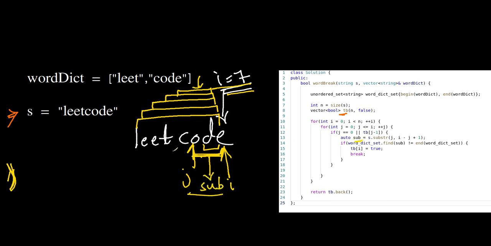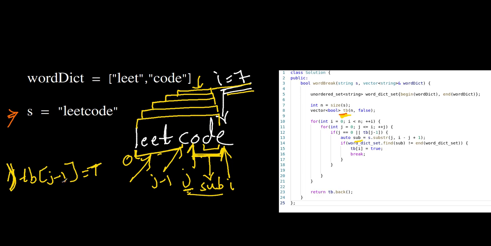The first condition is the index before j, which is j minus 1, up to 0. So this segment should have answer true in the table. So tb of j minus 1 should be true.